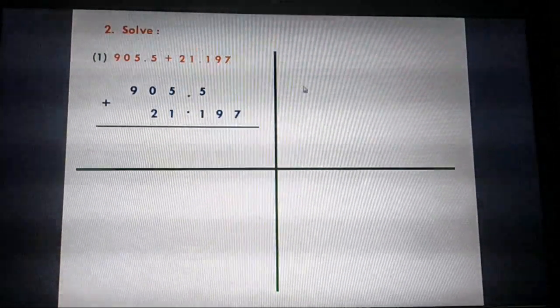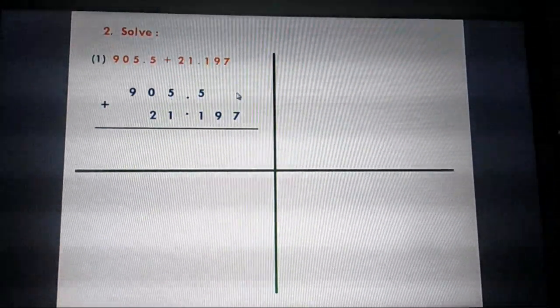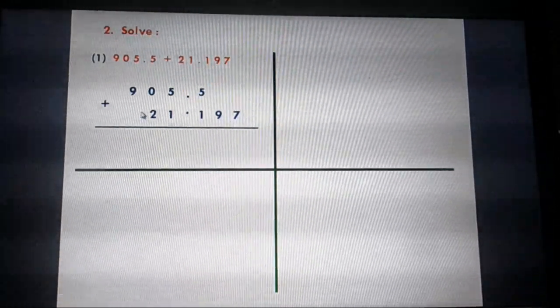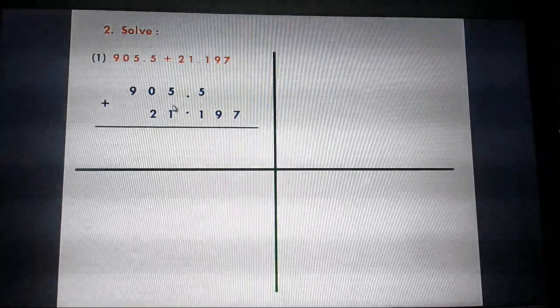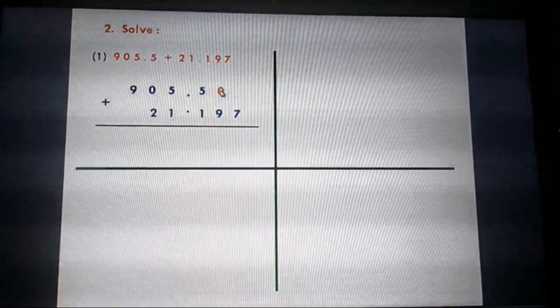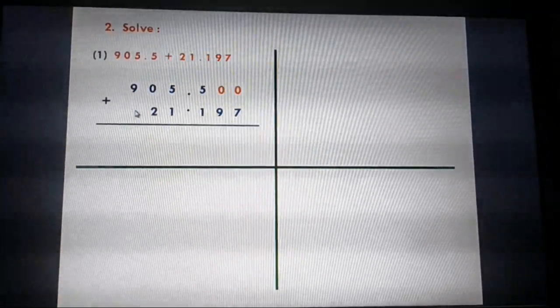Clear? Now look here. We don't have any digits over there. See one were here, one were here and other way here. So what we will do? We will put there 0. Here 0, here also 0 and here also 0.